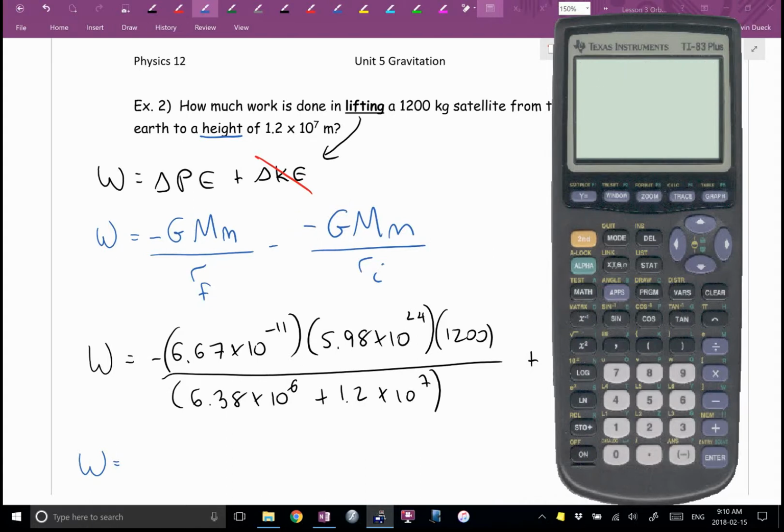The first fraction, negative 6.67 times 10 to the negative 11 times 5.98 times 10 to the 24th times 1200 divided by bracket 6.38 scientific notation 6 plus 1.2 scientific notation 7.